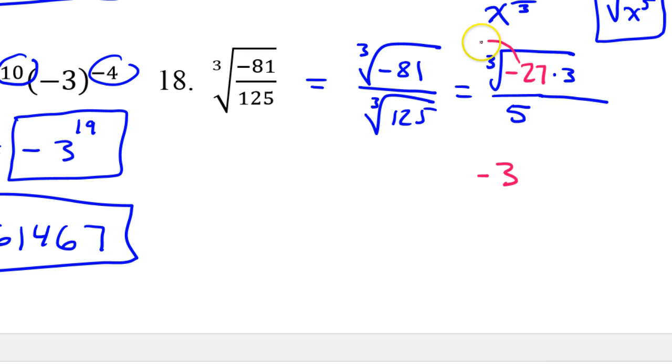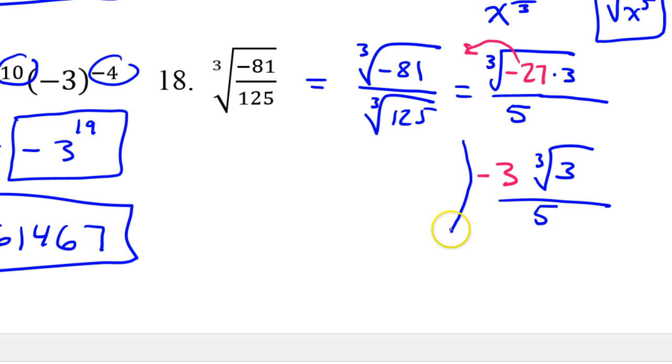I've just taken this out and it became a negative 3. Everything in blue is just going to stay right where it is. So I'm still going to have the cube root of this 3 right here, and this 5 is still going to be there. So this is the final answer.